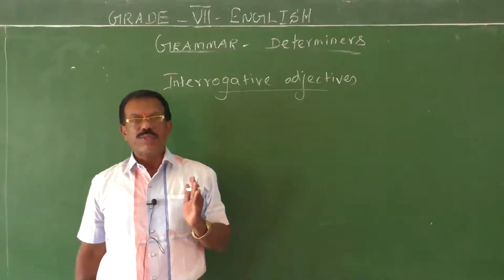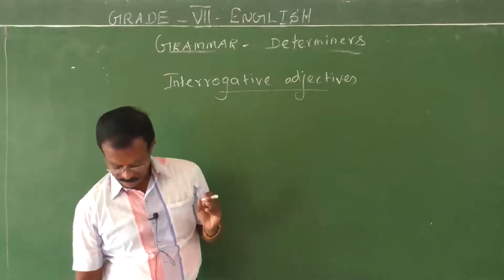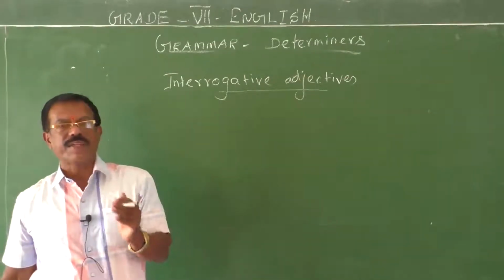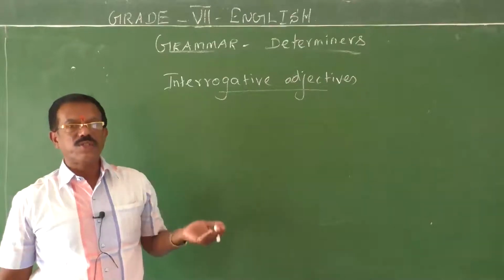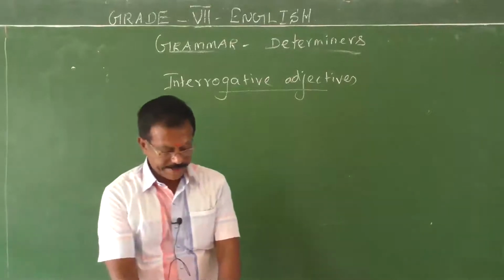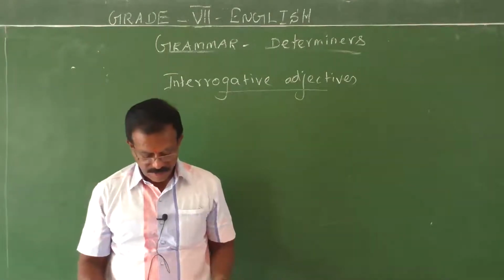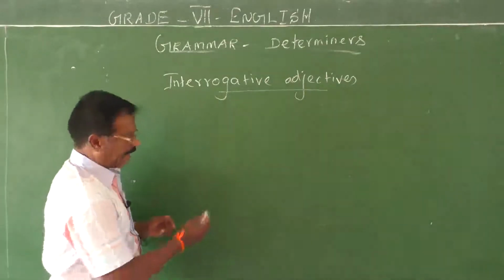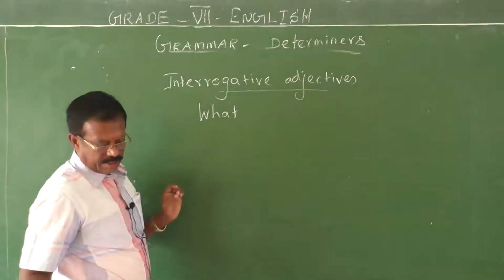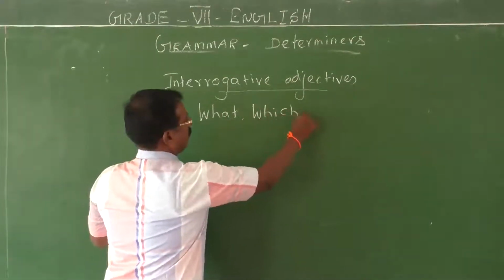We cannot use all question words as adjectives. There are some question words which function as adjectives. They restrict the meaning of the noun. When they are used to frame questions, they are called interrogative adjectives. What are the interrogative adjectives? Which, what, and whose.